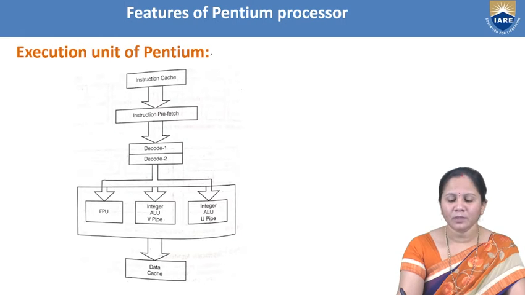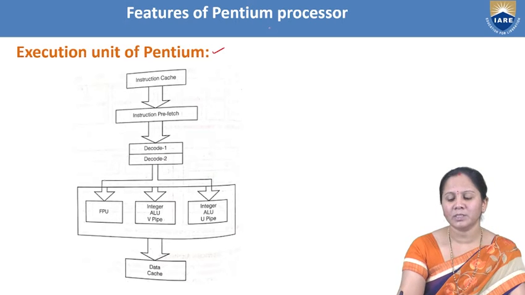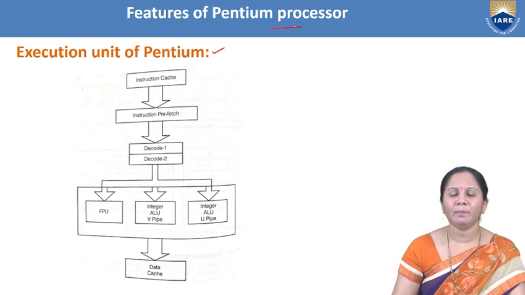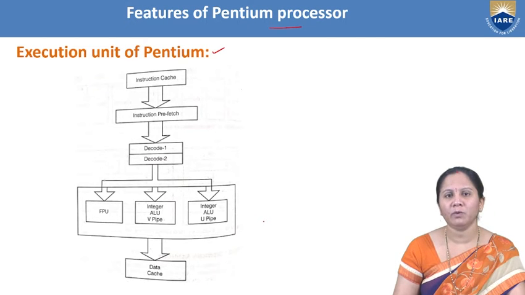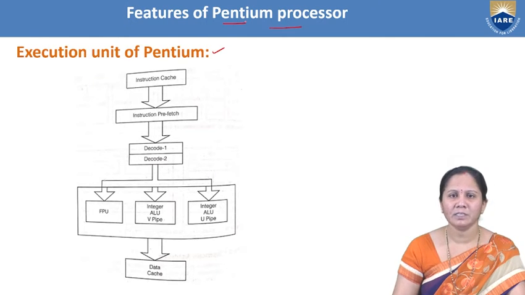Coming to the same execution unit internally, the Pentium processor supports a 2-level pipeline mechanism. Before the Pentium processor, we had only a single pipeline mechanism. But in the Pentium processor, a 2-level pipeline mechanism is possible with the help of 2 pipes, the U pipe and the V pipe.